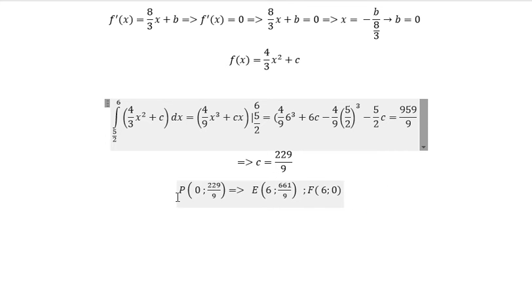Now we can find the vector PE. That is 6 minus 0, and this number minus this number.